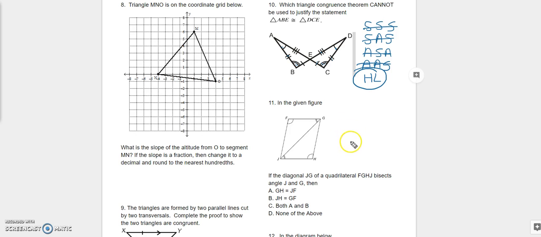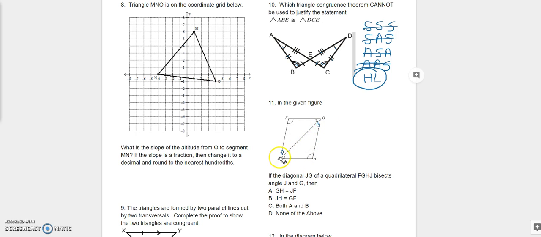Number 11, in the given figure, if the diagonal JG of the quadrilateral FGHJ bisects angle J and G, then what other parts are going to be congruent? Okay, well, if it bisects J and G, that means that this piece of J and this piece of G are also congruent.